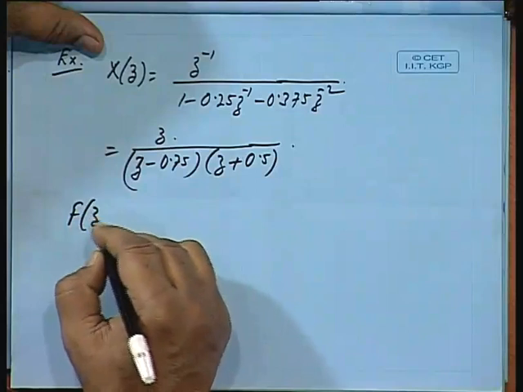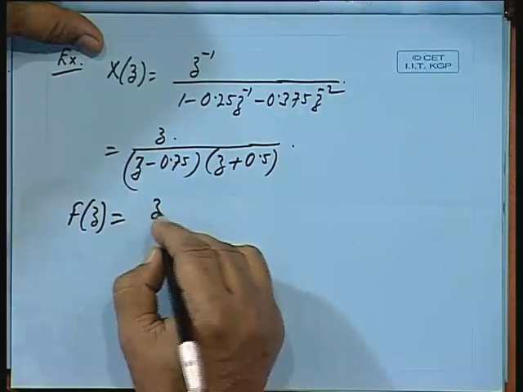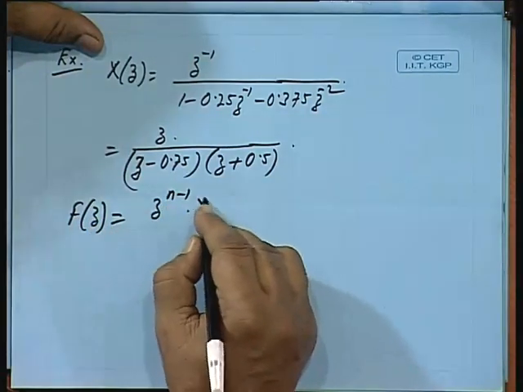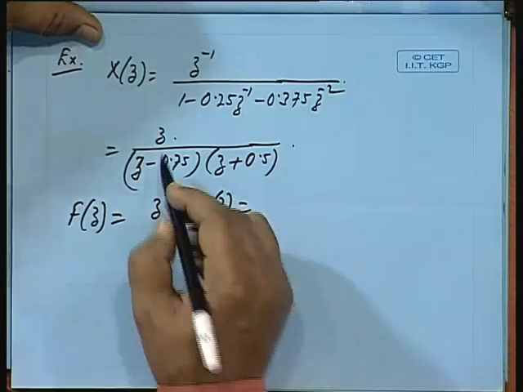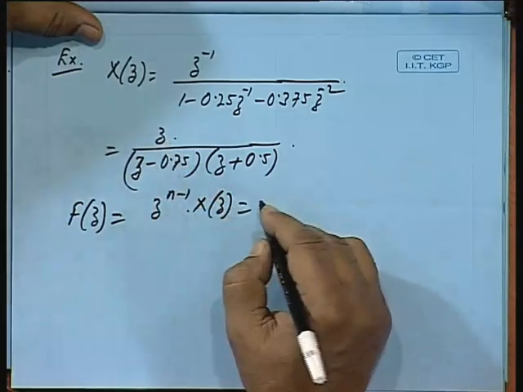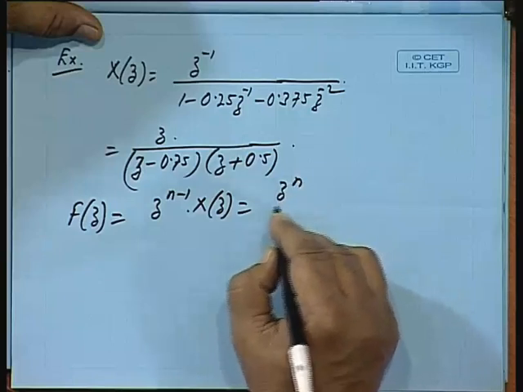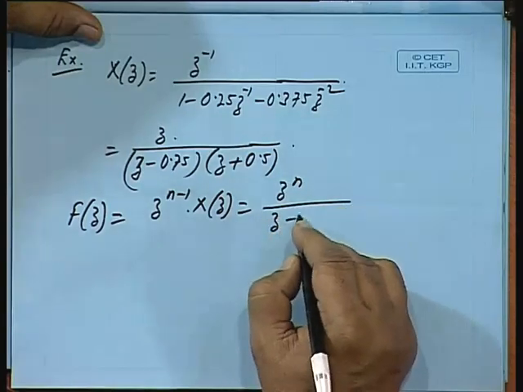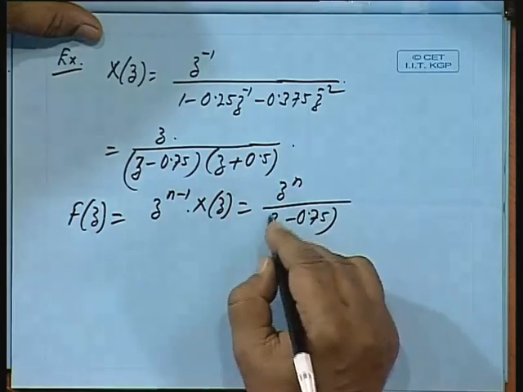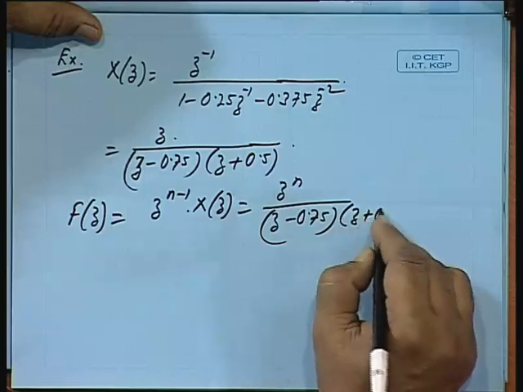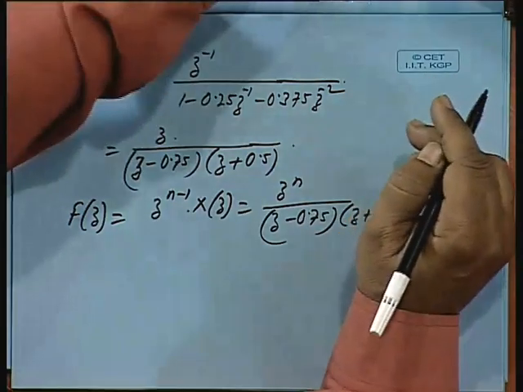So, f z will be z to the power n minus 1 into x z, which gives z to the power n by z minus 0.75 into z plus 0.5. So, you can evaluate x n by that method of residue.